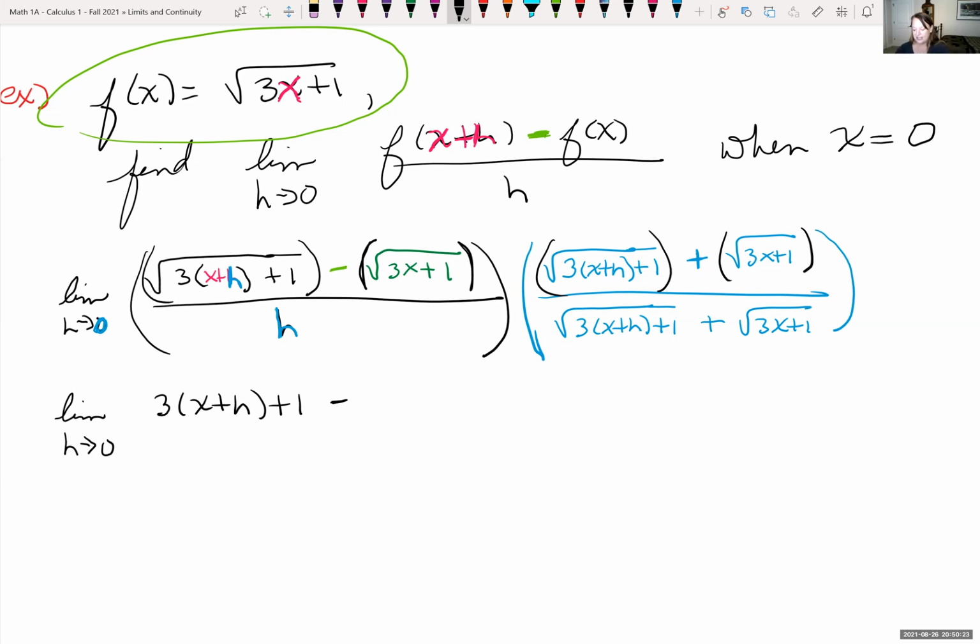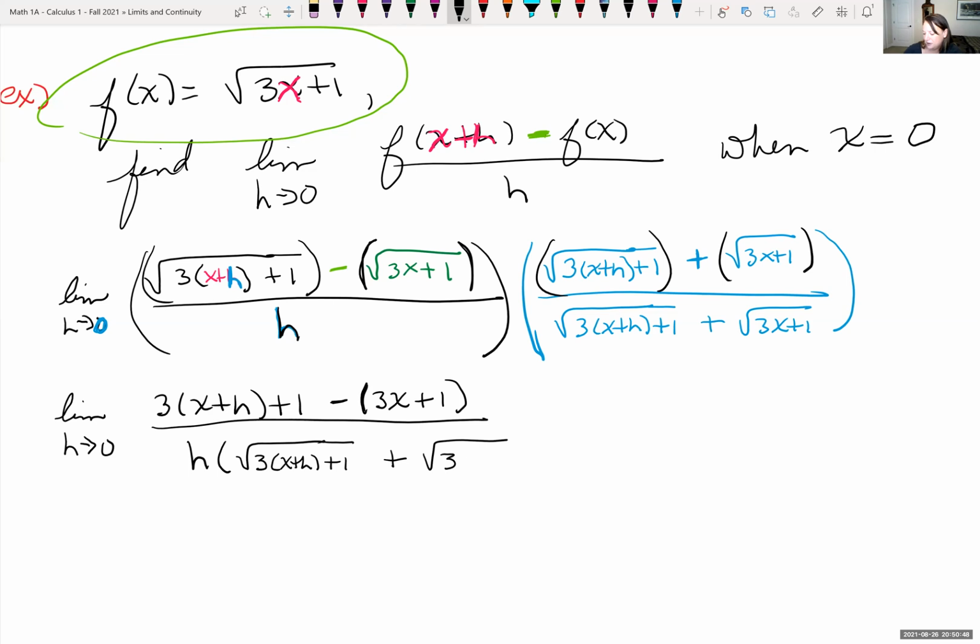But if we square that second term, we're just left with what's underneath the radical. So I need to put parentheses around that whole thing: parentheses 3x plus 1, all over my h. And I'm not going to distribute my h. I'm just going to keep it as h times 3 times the quantity x plus h plus 1, plus the square root of 3x plus 1.